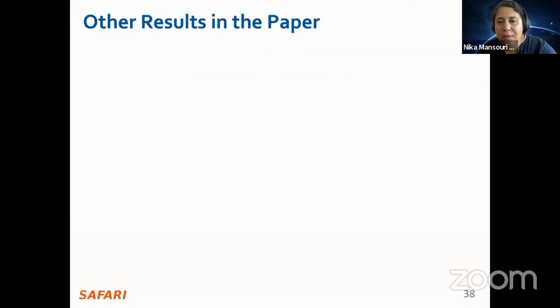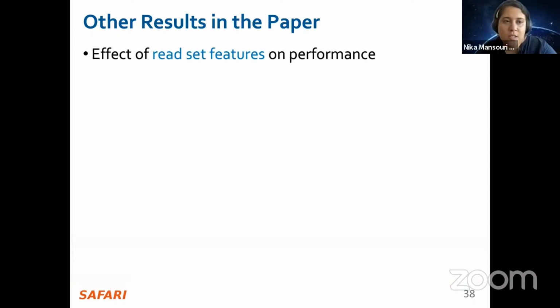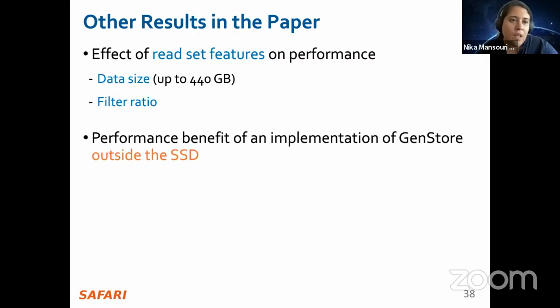Let me briefly talk about other results that are included in the paper before concluding the talk. These results include the effect of read set features on performance. For example, we sweep the data set size up to 440 gigabytes, and the filter ratio, basically what percent of reads in a read data set can be filtered. We also analyze the performance benefit of an implementation of GenStore outside the SSD.